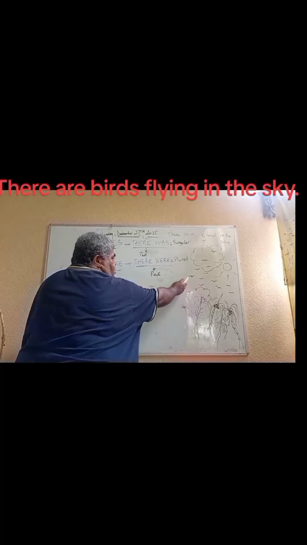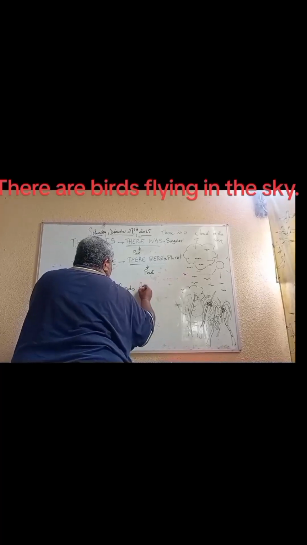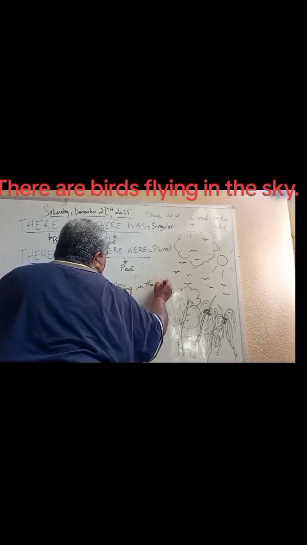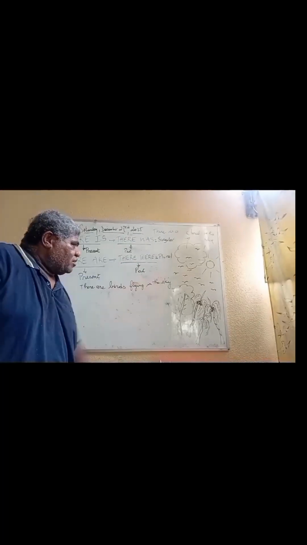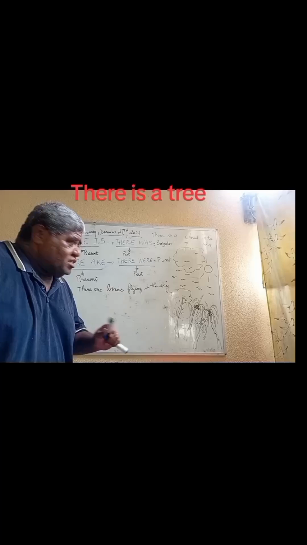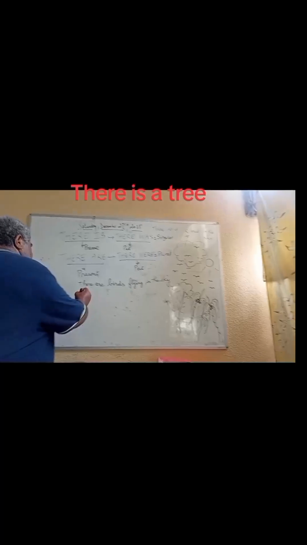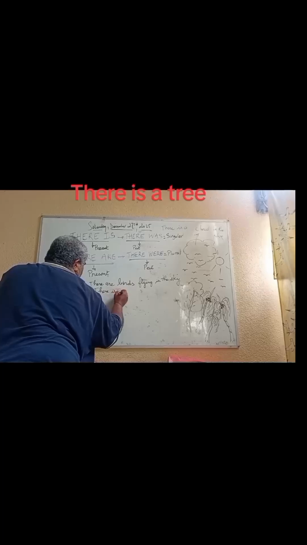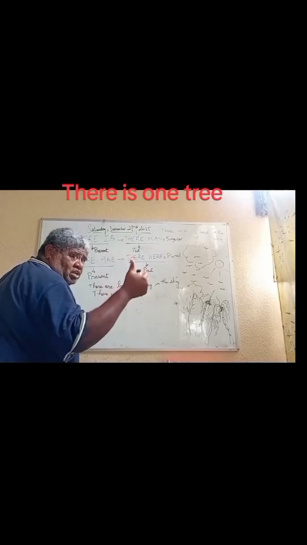This is one bird, two birds. There are birds flying in the sky. There is a tree. There is one tree.